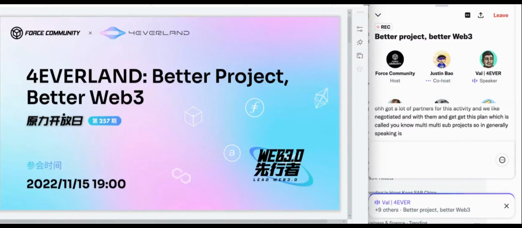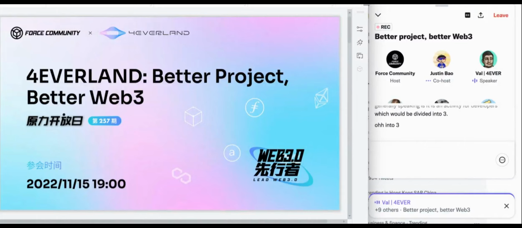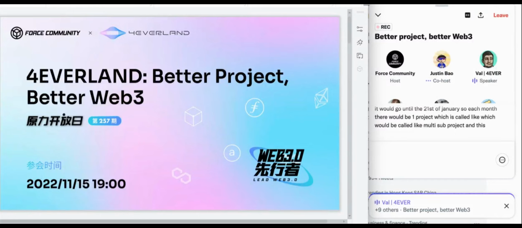So generally speaking, it is an activity for developers, which would be divided into three seasons. It would go until the 21st of January. Each month there would be one project, called the Monthly Star Project, and this particular project would receive the funds, the storage, and the resources of 4EVERLAND and also our partners.